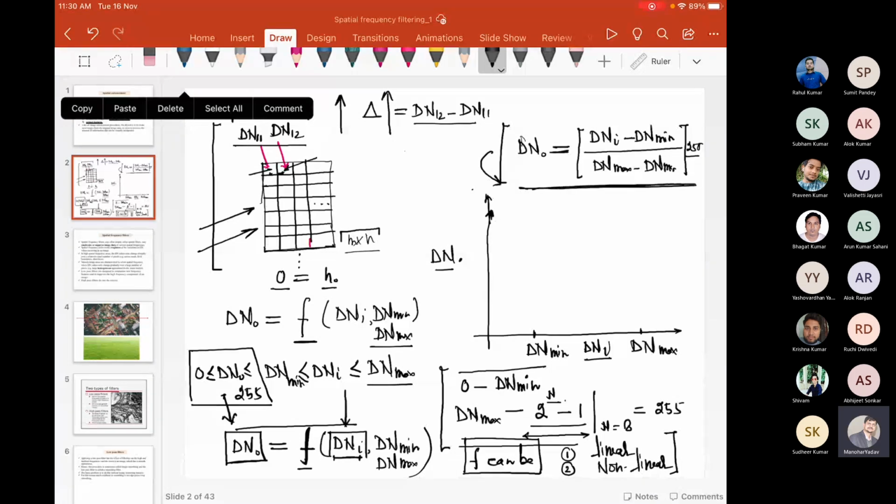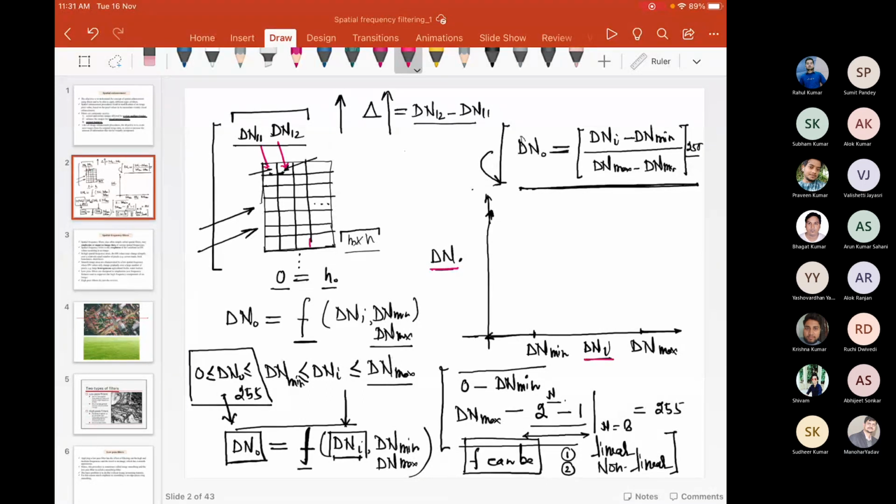By using this equation, we are going to stretch DN min to 0 and DN max to 255. So just see how the mapping is done. This is the output axis and this is the input axis. So DN min is stretched to this location.